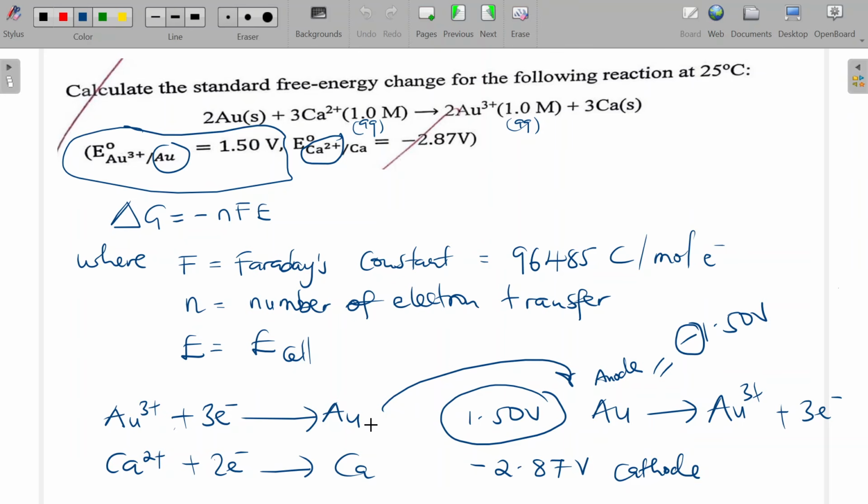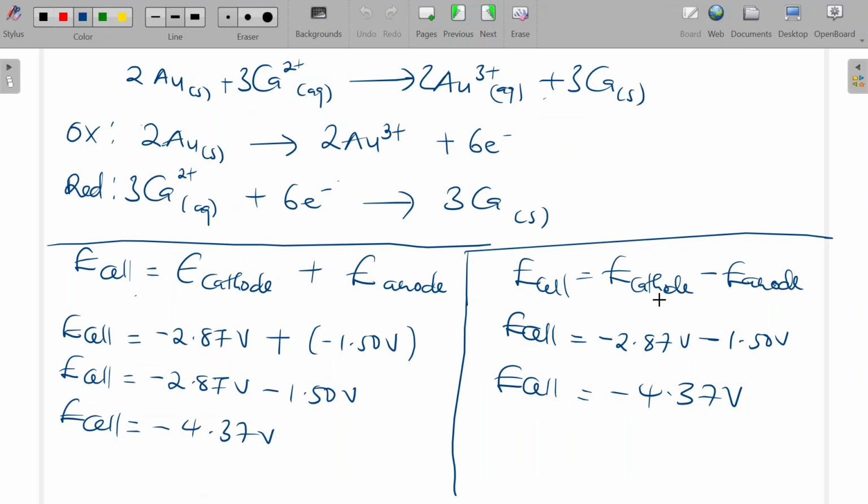But if I want to use the reactions the same way they are given without changing, but I've identified the one undergoing oxidation and the one undergoing reduction, I can just use the second equation here. Clear?